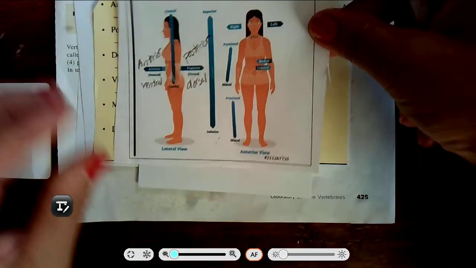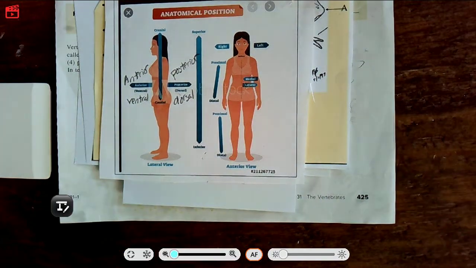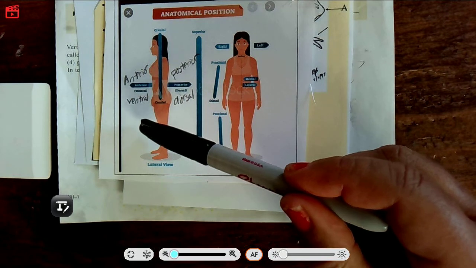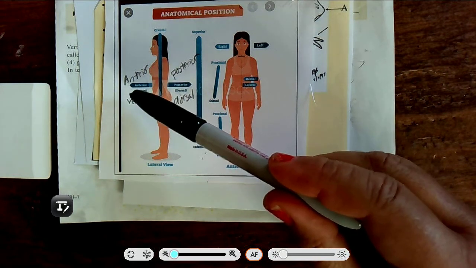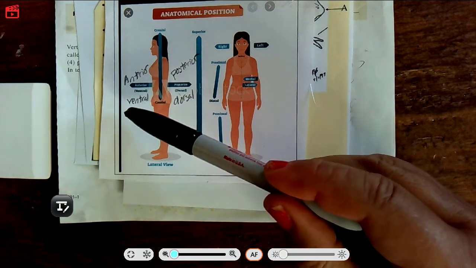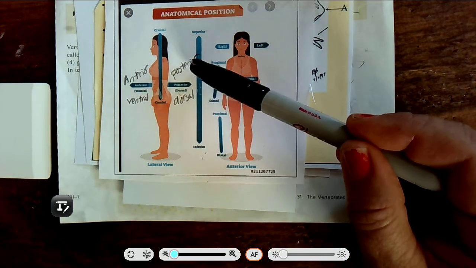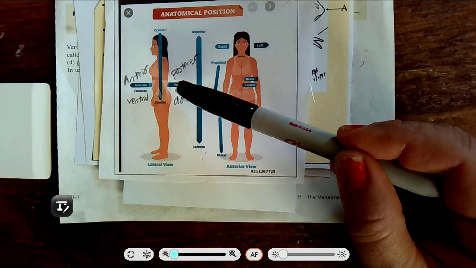However, when we're talking about human anatomy, there are some differences in terms. When we talk about humans, ventral is also referred to as anterior, the front of the body, and dorsal is also referred to as posterior, the back of the body.